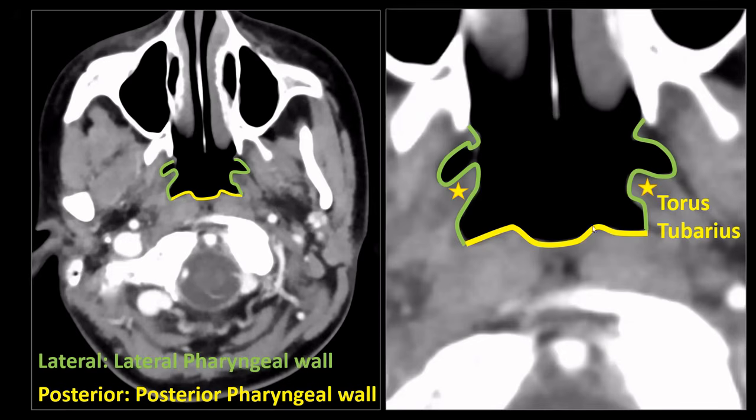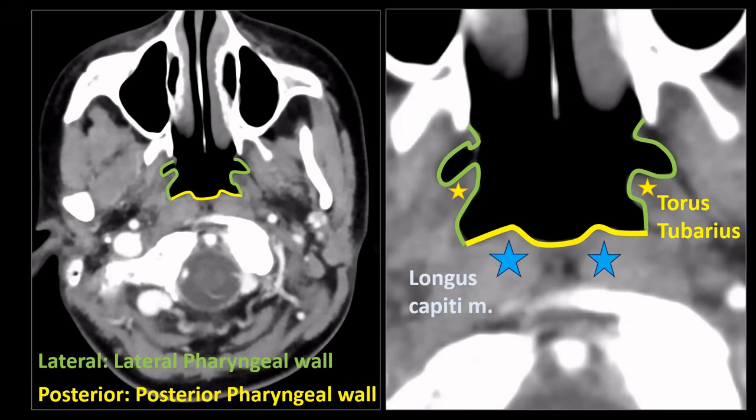And we have these two elevations along the posterior pharyngeal wall, and these elevations are caused by underlying muscles which are not part of the nasopharynx, but are located in the prevertebral space. And these muscles are, depending on the height, the longus capitis or longus colli muscles, or a combination of both.